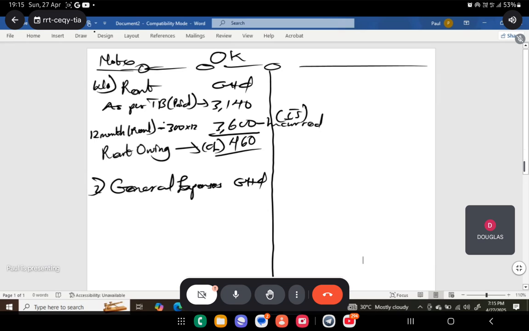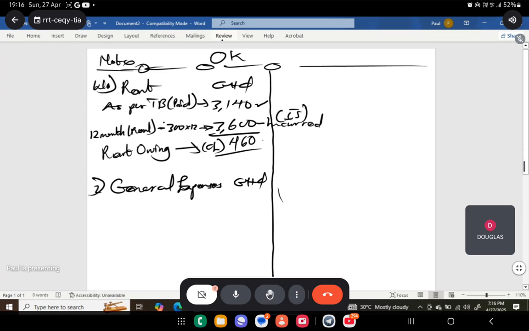Now I'm saying that the rent in the trial balance is what was paid, but the accrual concept states that you should recognize expenses when they are incurred and not when cash has been paid for it. So we look at the incurred, not the paid. They are telling you that rent for a month is 300 cedis. You know that for a year, 12 months, 300 times 12 is 3,600. But this is what has been paid.